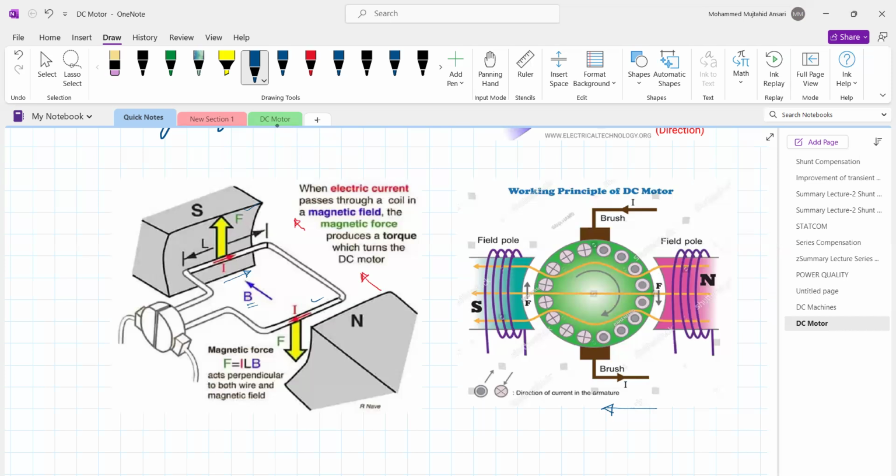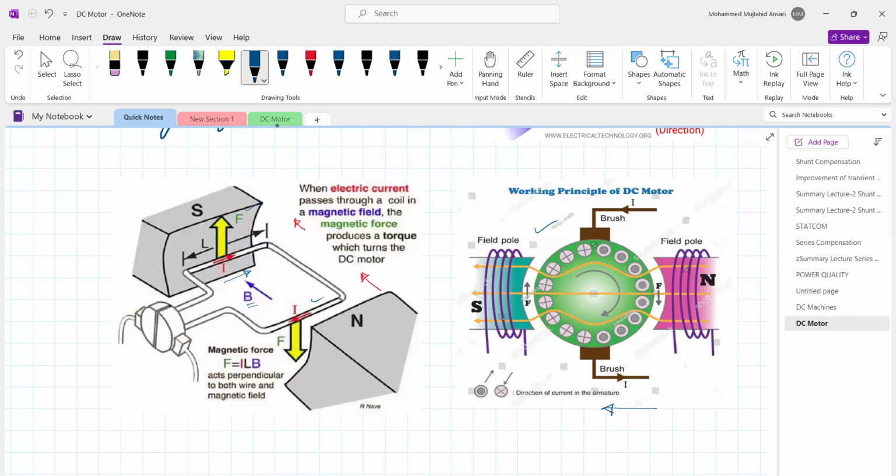So this is the direction of current, isn't it? And the 50%, meaning half of the conductors, carry current in the opposite direction. So the current in the first half, say this half, produces the force in the upward direction, whereas the other 50% of the conductors under the influence of the North Pole produce the force in the downward direction.